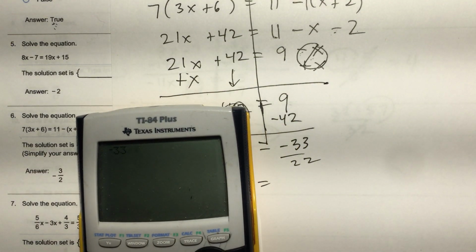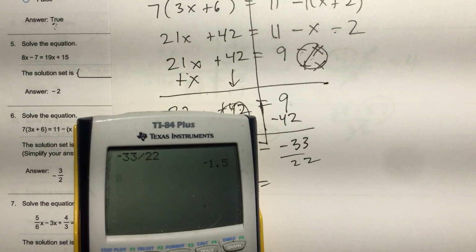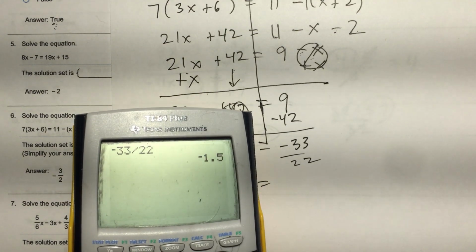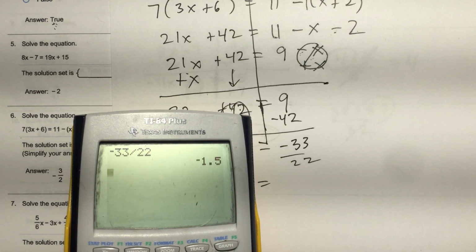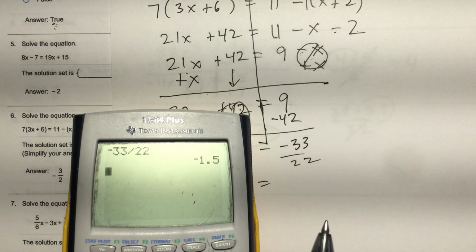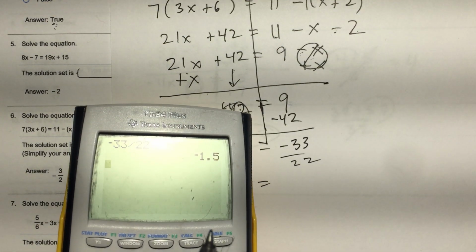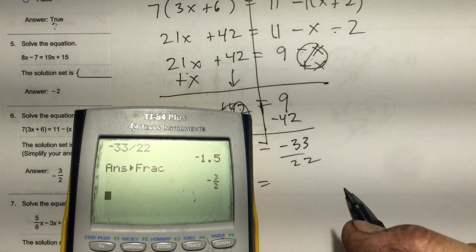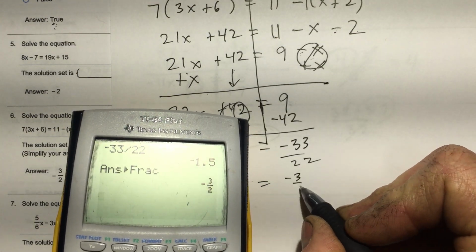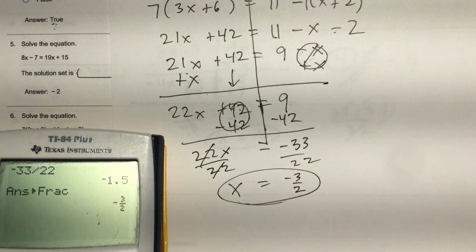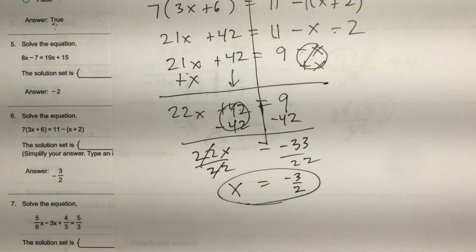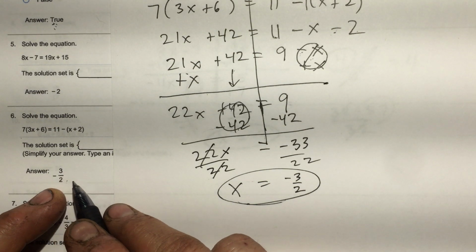Negative 33 divided by 22. Make sure you can see that. That's negative 1.5. And usually we like our answers being fractions, so I'll just hit math, enter twice, and there you go. It's negative 3/2. That's what x equals. And that's my solution. And you can see that's what the answer was over here, negative 3/2.